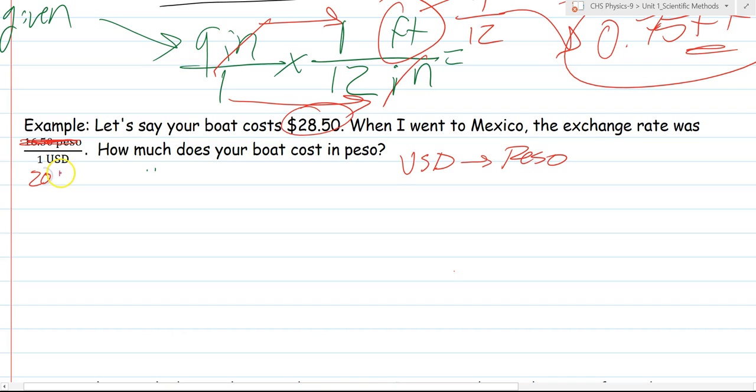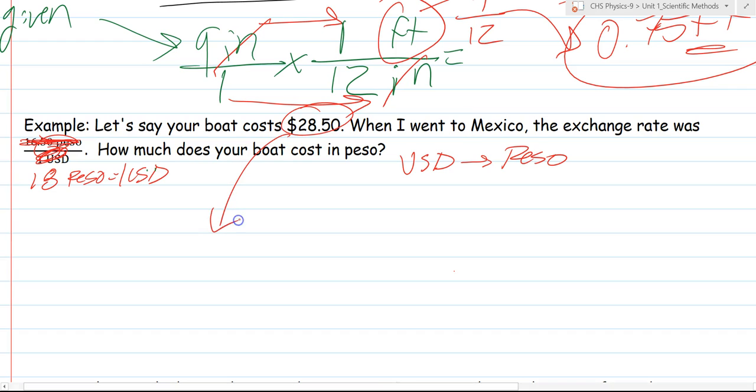These days, it's closer to 20. Actually, I think in my other video, I said 18. So I'm going to be consistent and say 18 peso equals 1 US dollar. Okay. So let's not use this one. That was from a trip that I did many years ago. Times have changed.